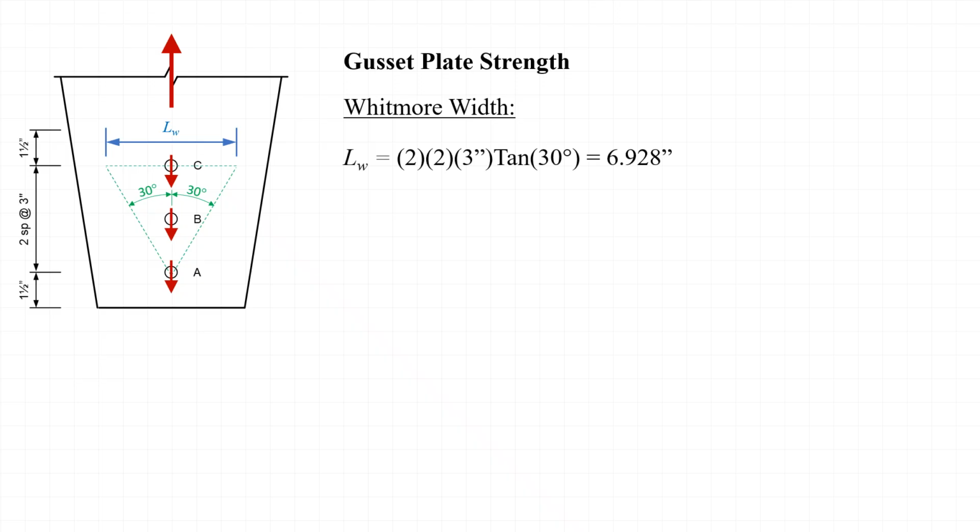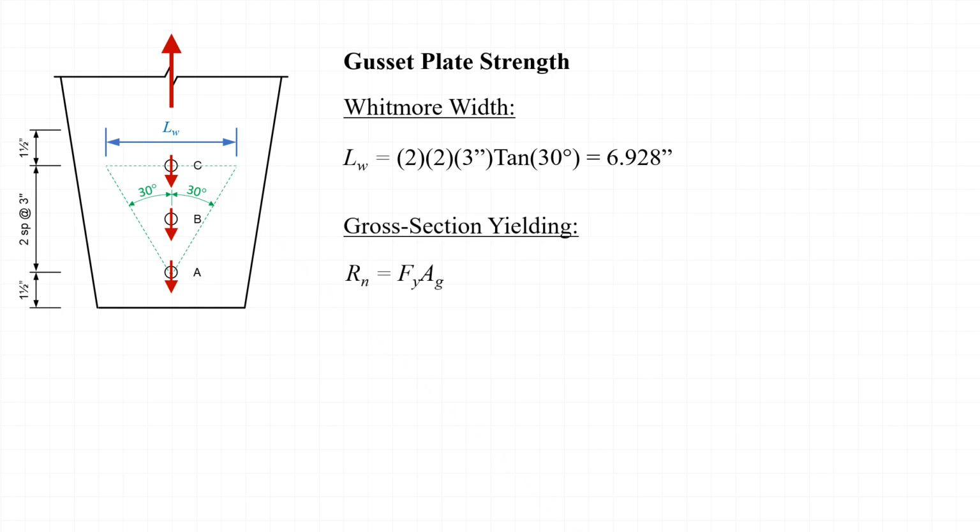Thus, in this case, the Whitmore width is equal to 2 times 2 times 3 inches times the tangent of 30 degrees, which is equal to 6.928 inches. One of the 2's is because there are 2 spaces that are 3 inches long, and the other 2 is included because there are 2 segments with lengths that are each equal to 6 inches times the tangent of 30 degrees.